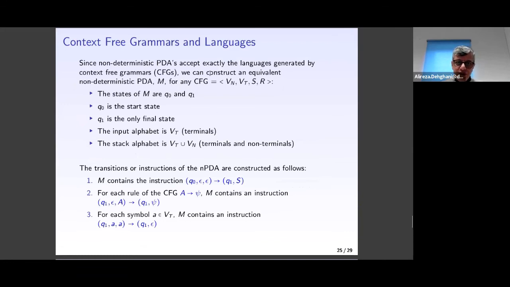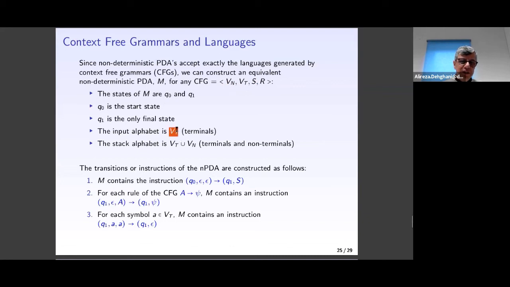Since non-deterministic PDAs accept exactly the languages generated by context-free grammars, we can construct an equivalent PDA like that. Do you remember for the regular grammars, we used to define them with some sort of symbols, like the terminal, non-terminal, starting, and rules. Here it is the states of the machine, the initial state, the final state, the input alphabet, terminals, and the stack alphabet.